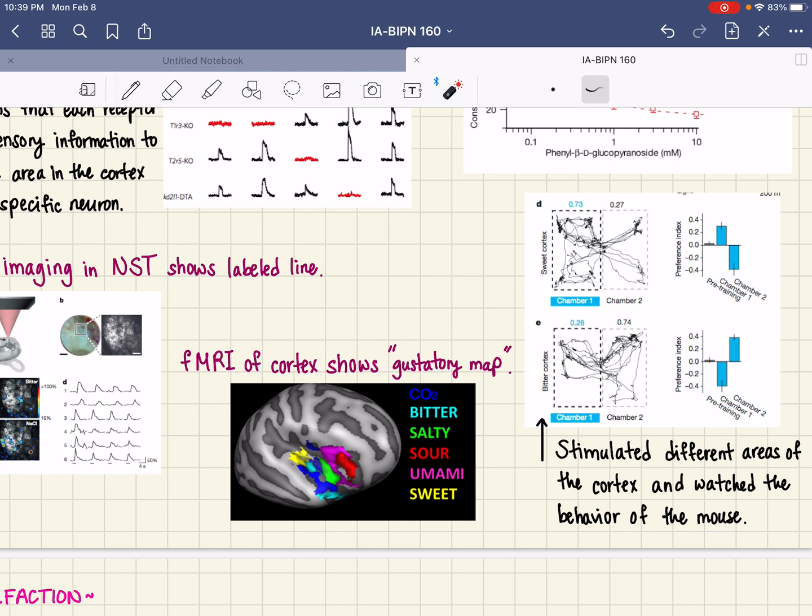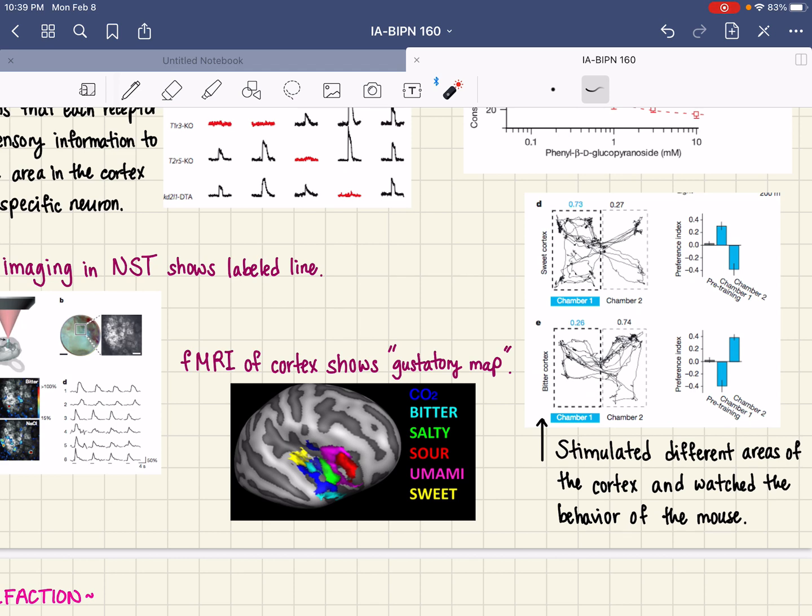So to reiterate, if you're trying to figure out if an area of a brain is required for a certain function, you want to somehow either lesion that area or inhibit that area using optogenetics or chemogenetics.